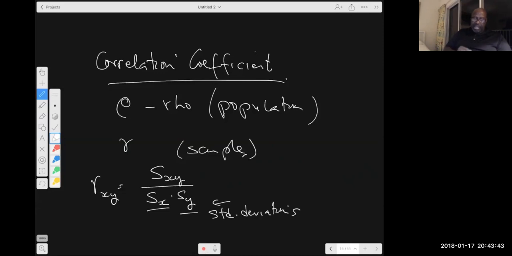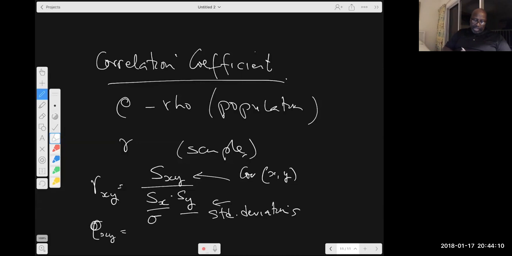Standard deviation of X, standard deviation of Y, and this part on the top right here is actually the covariance of X and Y. So covariance X, Y. If we are dealing with population now, we'll just simply switch it to rho XY.